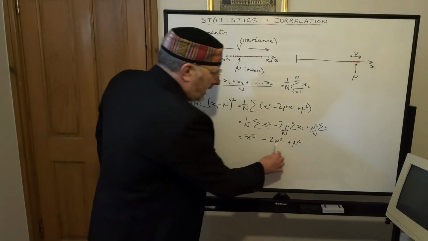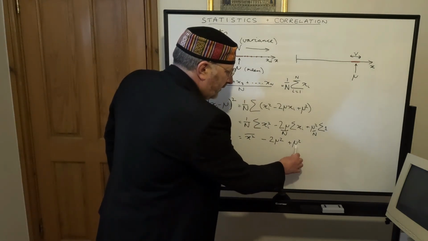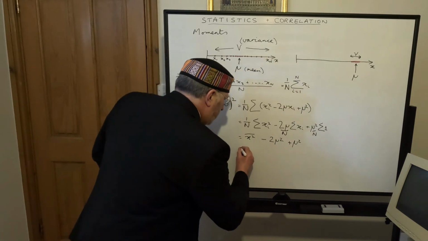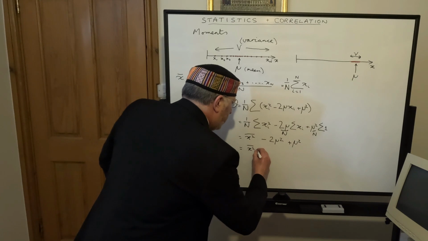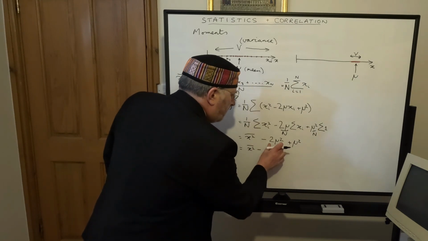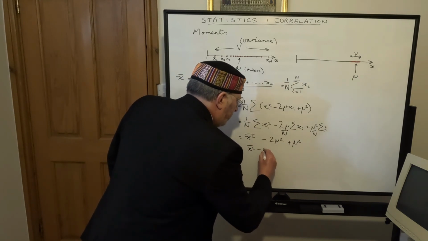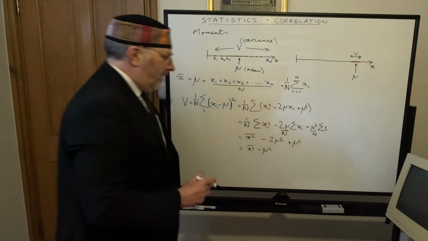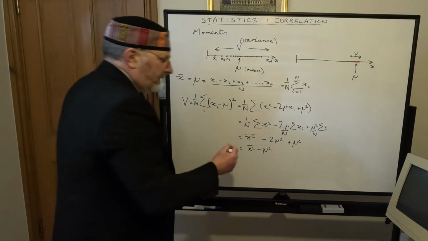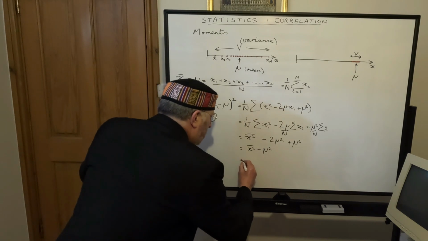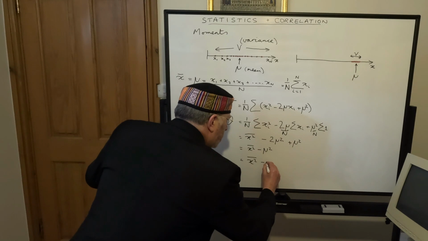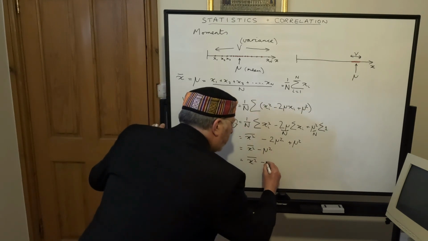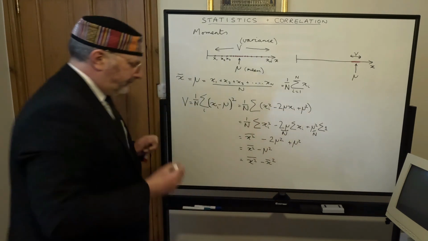And so we've got minus 2 mu squared plus mu squared. Well, one of the mu squareds cancels, so we've got x squared bar minus mu squared, which we could also write as x squared bar minus x bar squared.